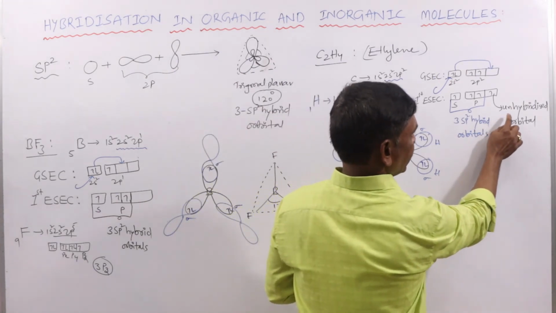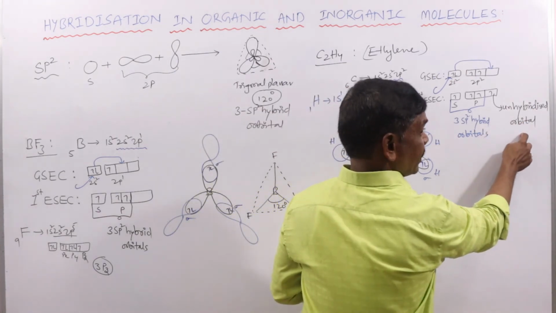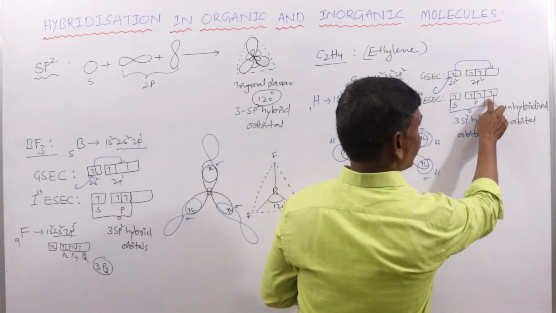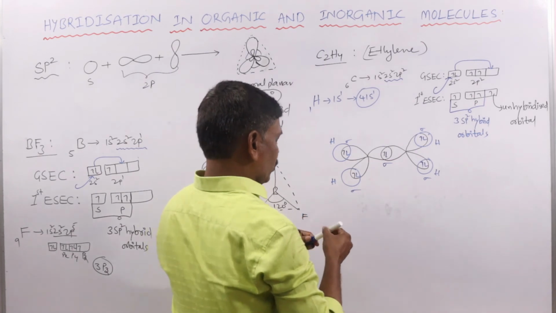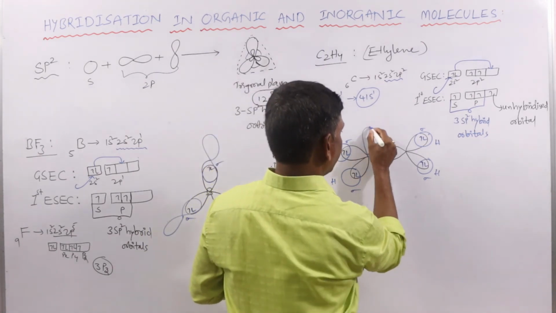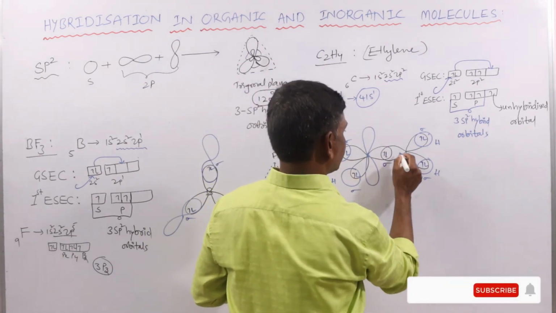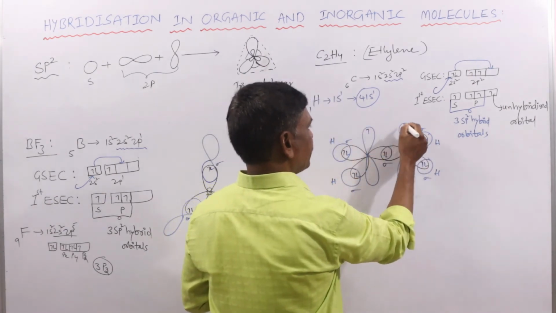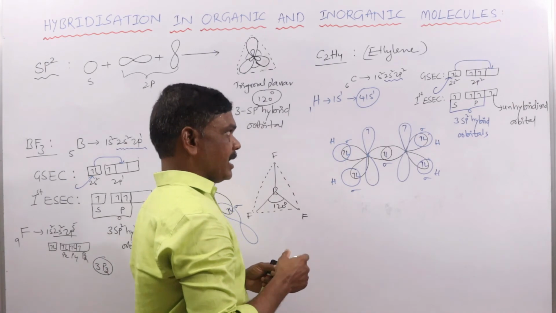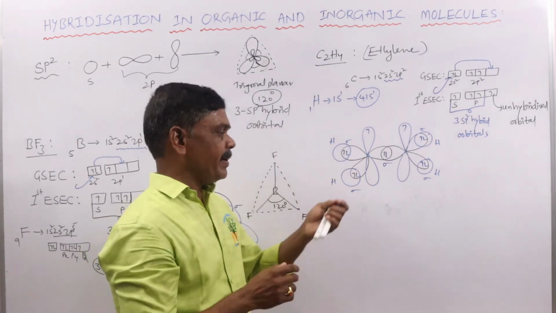Now what do we have? Unhybridized orbitals: one for each carbon, and here we have 2 carbons, so 2 unhybridized orbitals. These orbitals also have one unpaired electron.